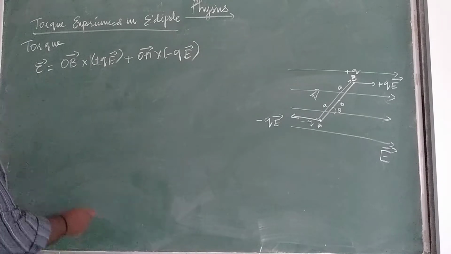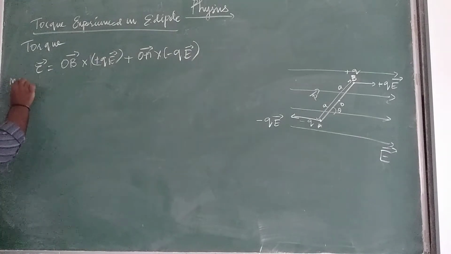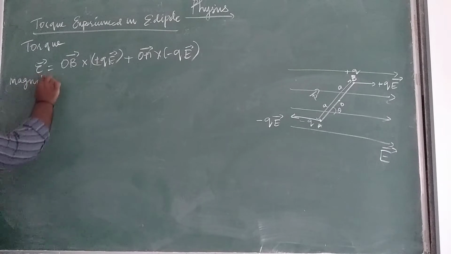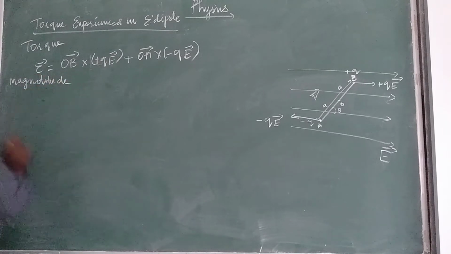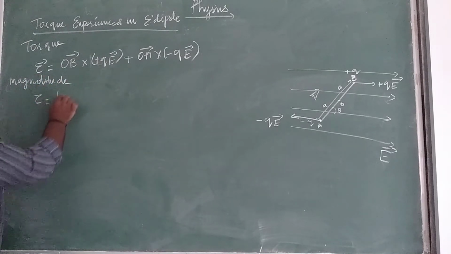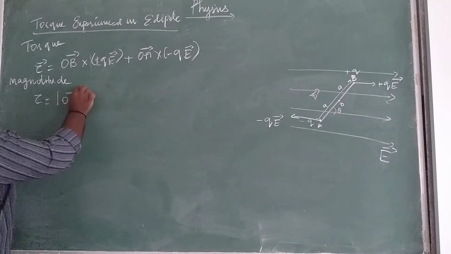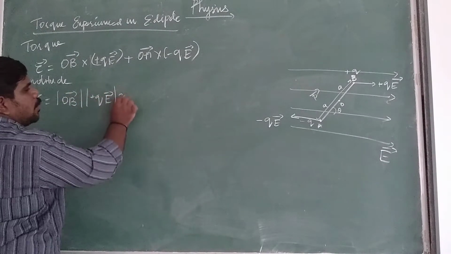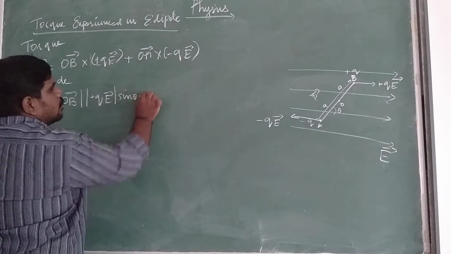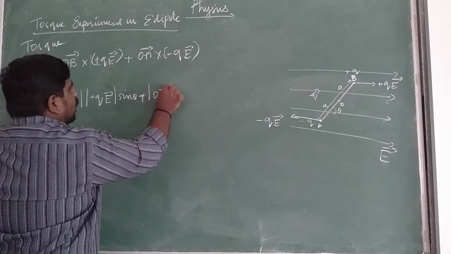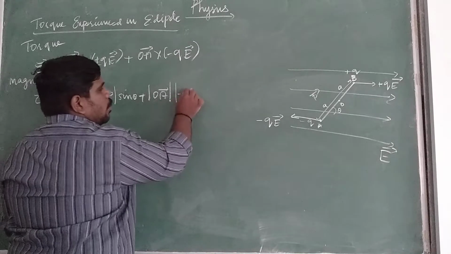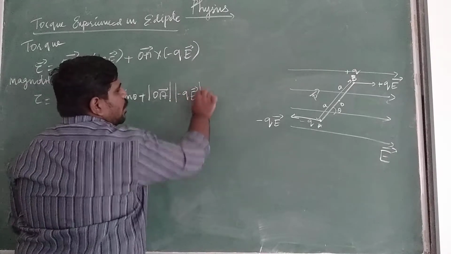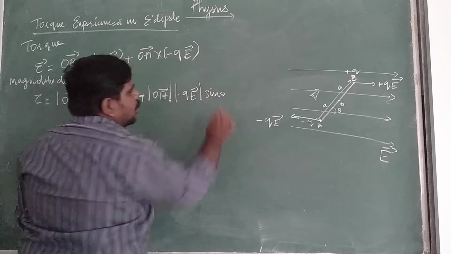If you write the magnitude of the torque, tau is equal to OB into plus Q E into sin theta plus OA into minus Q E into sin theta.